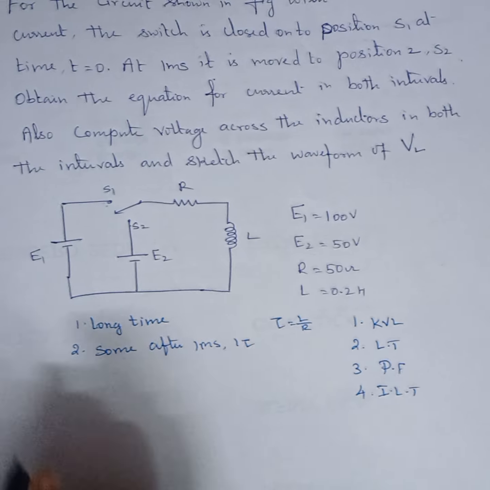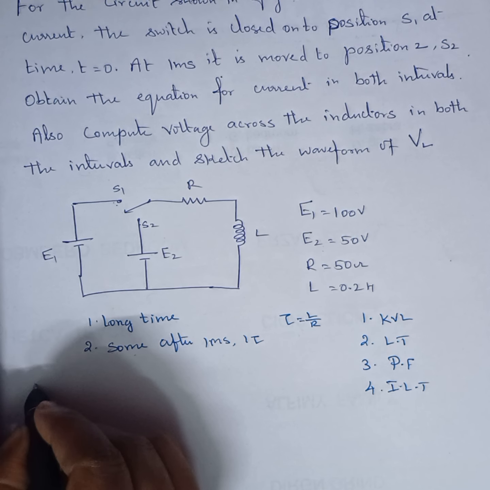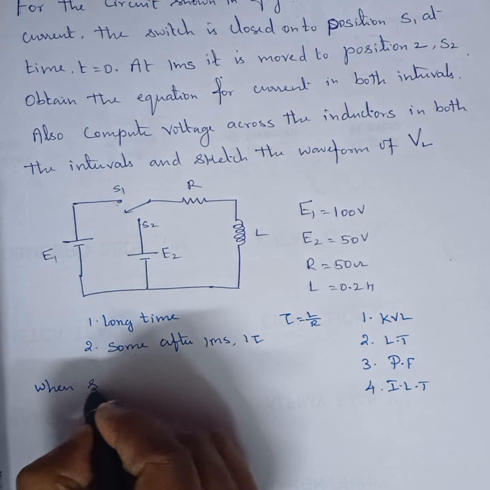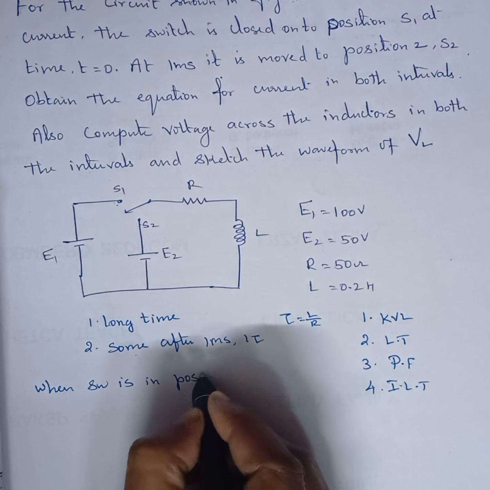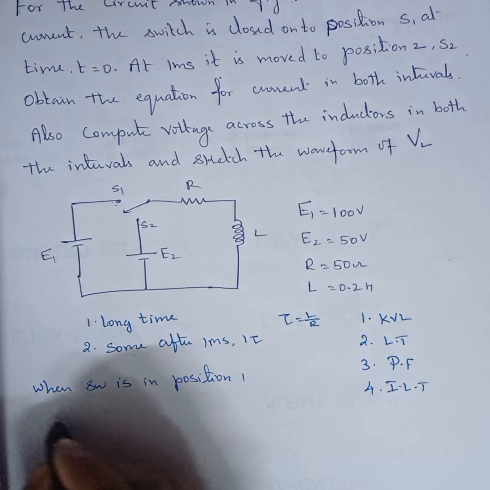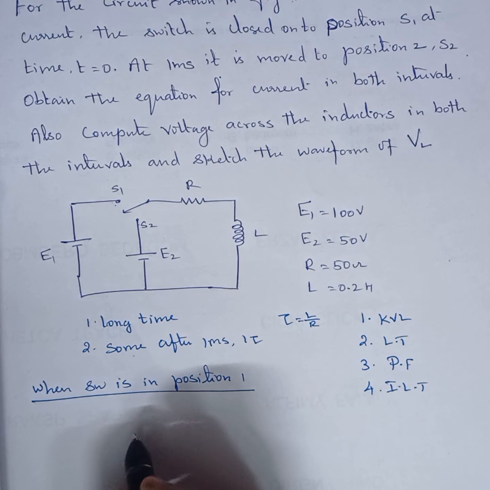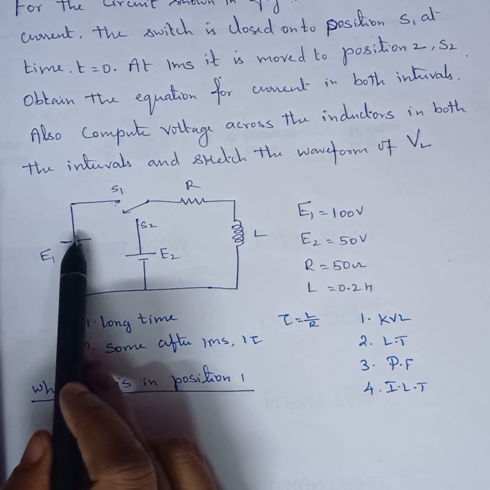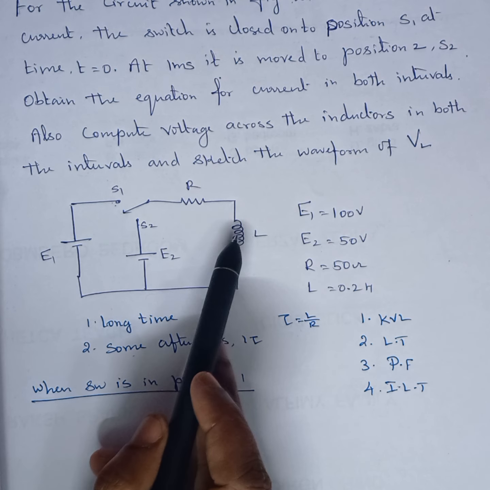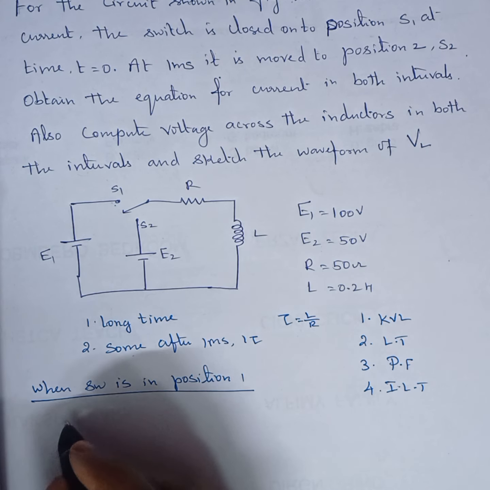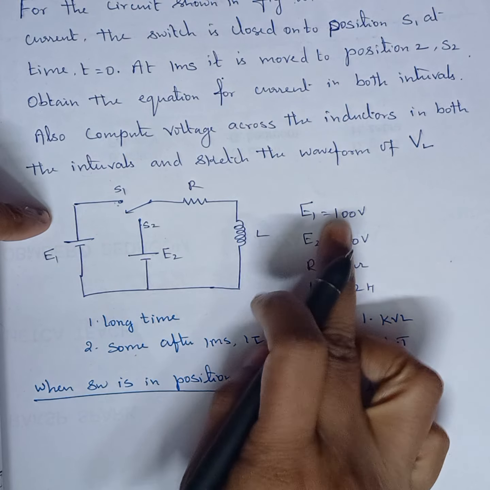So first case, when the switch is in position 1, we have the E1 source in series with R and L. So you have to write the KVL equation. E1 value is given as 100.